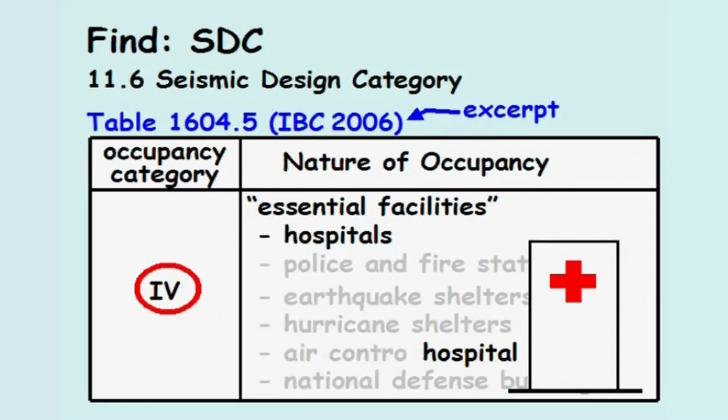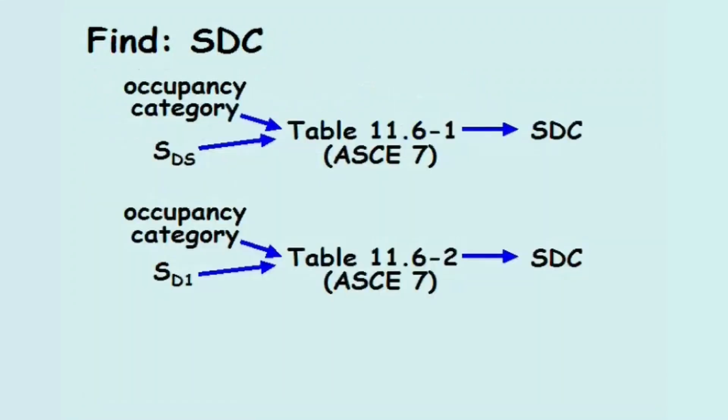The occupancy category, short period and 1-second design response acceleration parameters, SDS and SD1, are also required to determine the seismic design category from tables 11.6-1 and 11.6-2 of ASCE 7.